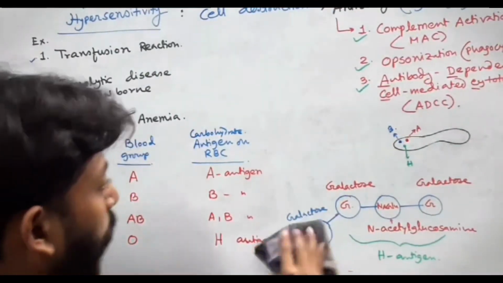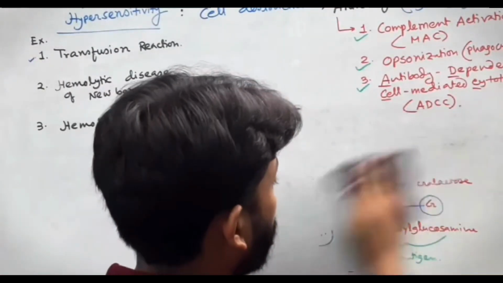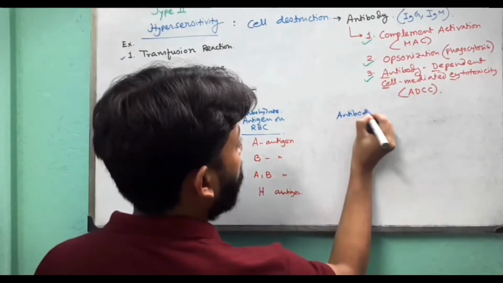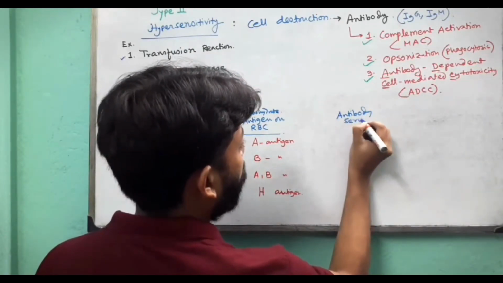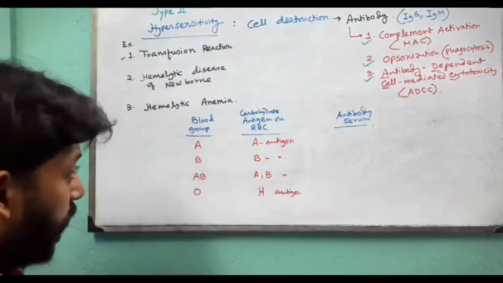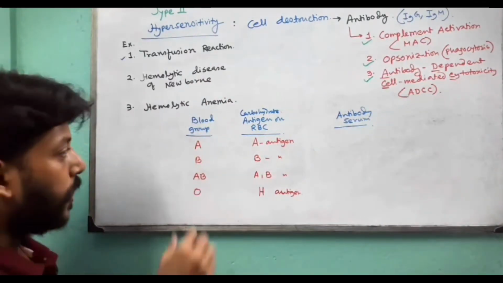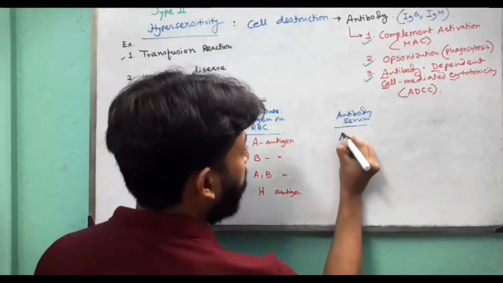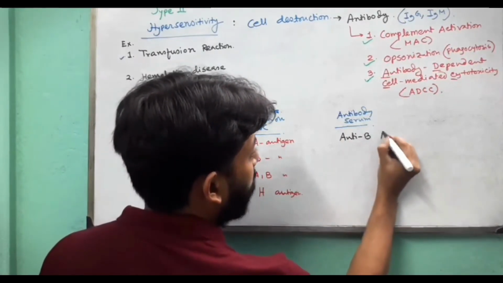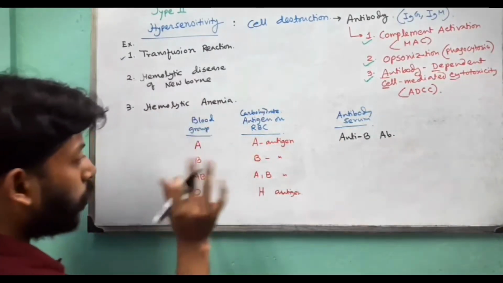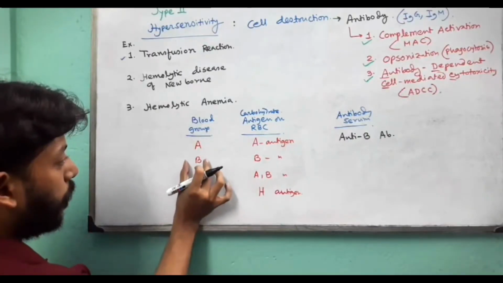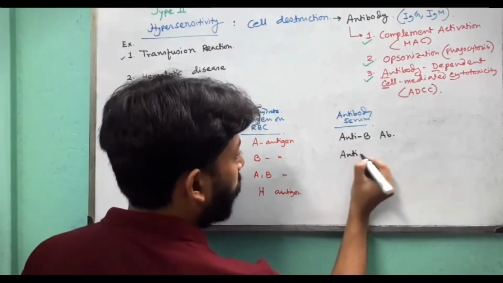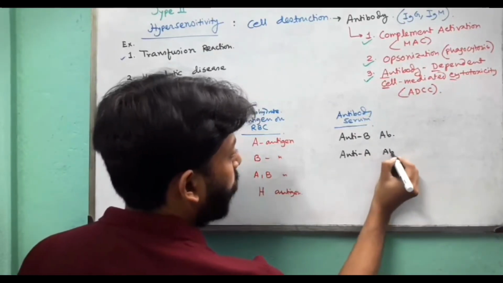Now I will show you why this transfusion reaction occurs. Antibodies are present in our serum that actually cause the problem. A very interesting thing occurs. If an individual is blood group A, they have anti-B antibody. If an individual is blood group B, they have anti-A antibody.